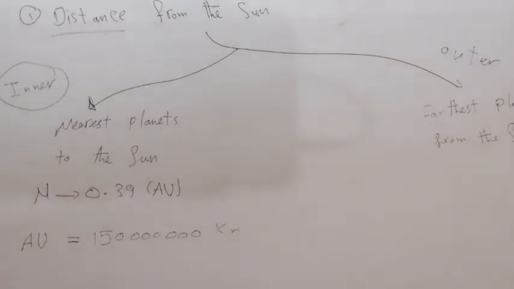Venus 0.72, Earth 1 astronomical unit. So the distance between the Earth and the Sun, 150 million kilometers, is only one astronomical unit.